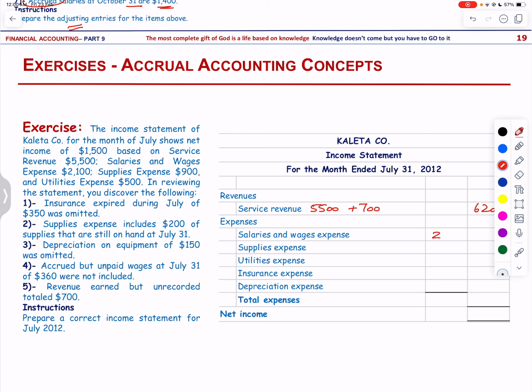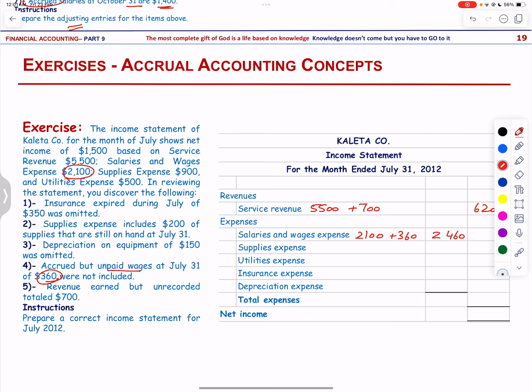So salaries and wages expense will be 2100, and then we can also see that unpaid wages are 360. So this will be added as well. So this will be equal to 2460.